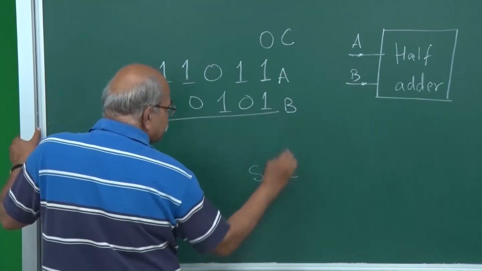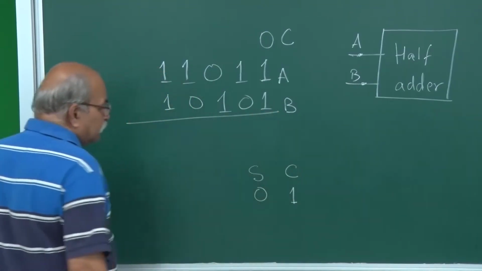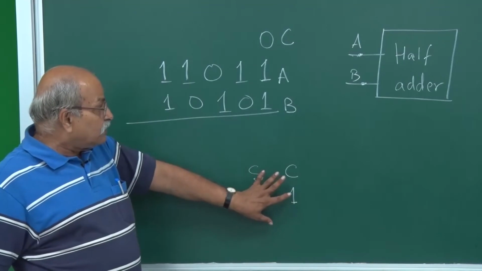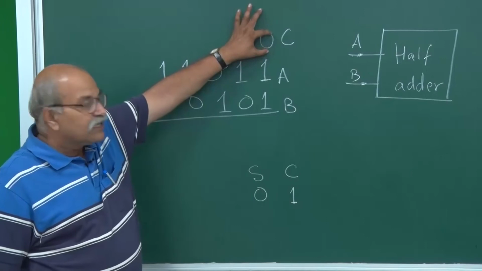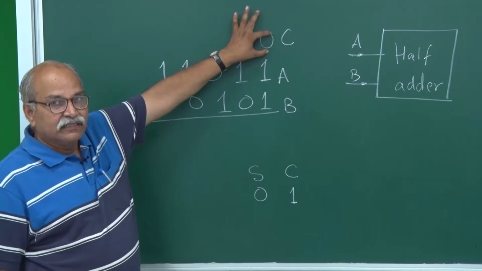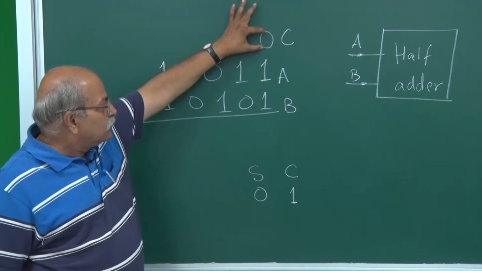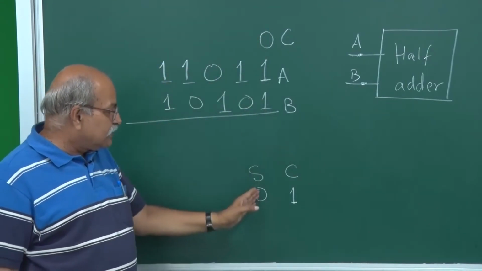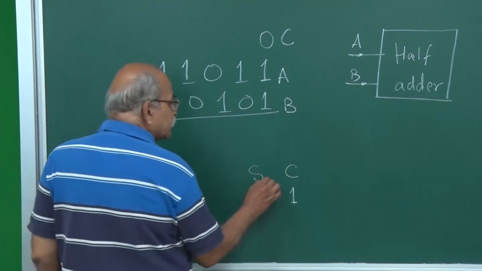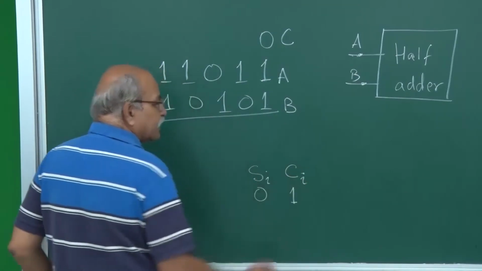I will get a carry which will be 1. But this is intermediate. This is not the final carry and final sum, because I have not taken care of this carry here. In this particular situation it is 0, it will not affect, but later on it will affect. So this is only an intermediate sum and intermediate carry. So let me write it SI and CI.